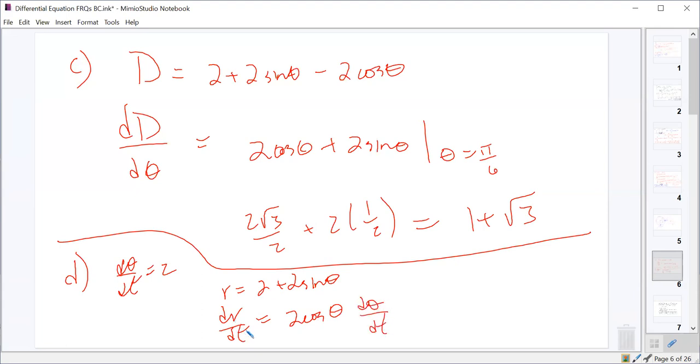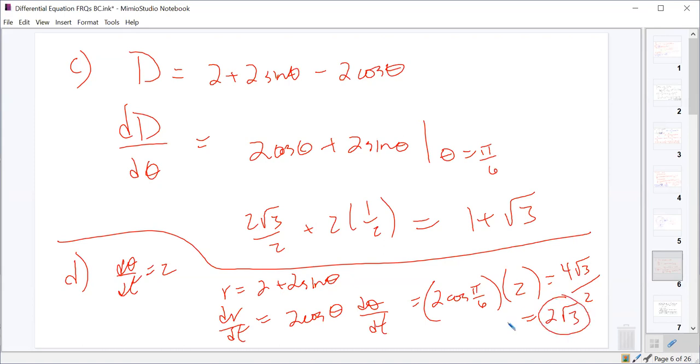At theta equals pi over 6, this is 2 cosine pi over 6 times d theta dt, which is 4 times root 3 over 2, so 2 root 3. I would say most people got C and D correct.